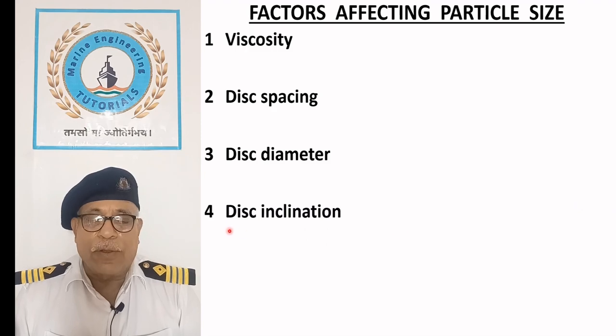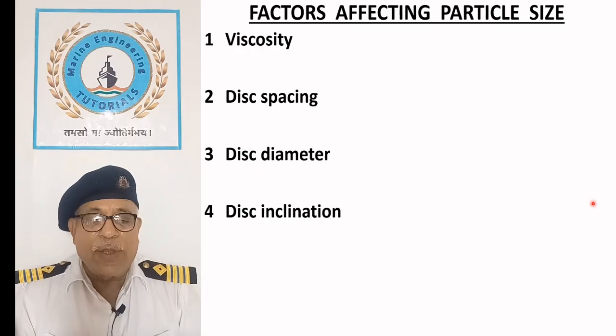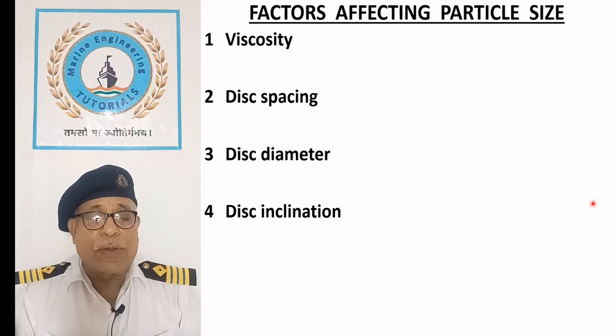Disc inclination. Inclination of the disc to the vertical increases the surface area and helps reduce bowl width. Thus, usual inclination is about 45 degree. Higher inclination angles may increase particle size without improving separation.